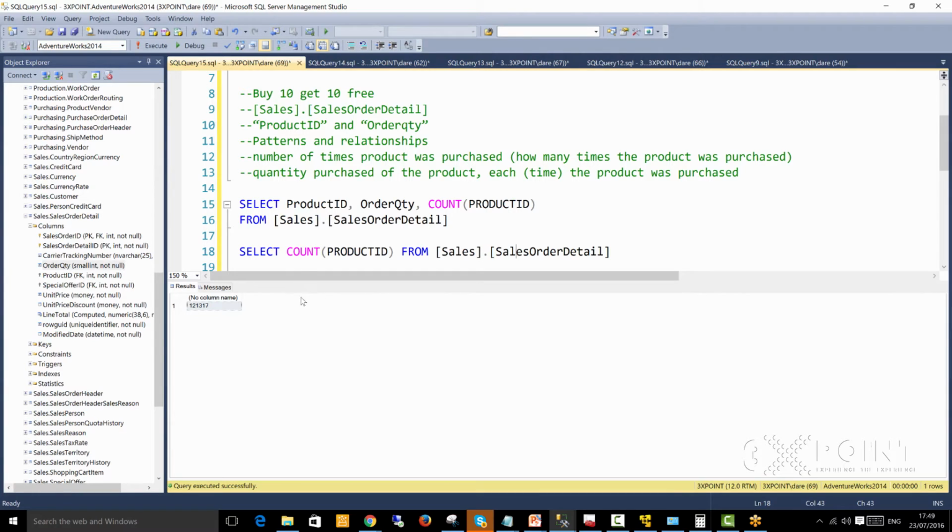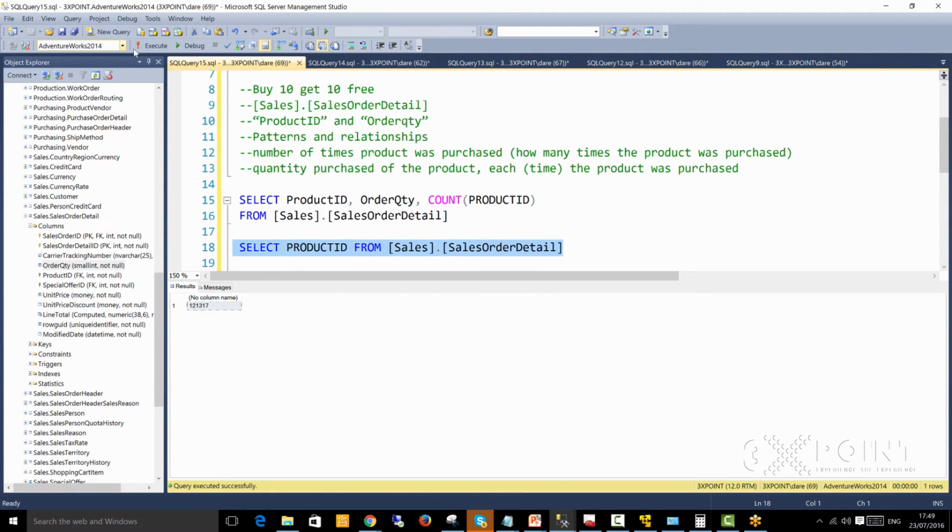We're not saying 707 plus 707 plus 707. That's not what we're doing. We're actually counting like 1, 2, 3, 4, 5, 6, 7, 8, 9, 10.